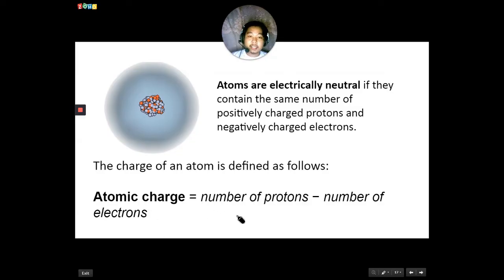The atomic charge is determined by the number of protons minus the number of electrons. So, therefore, if I have the same number of protons and electrons, I will always have a 0 net charge. Now, 5 protons, tapos in a neutral atom, obviously, 5 electrons din yon. Therefore, the atomic charge is 0.